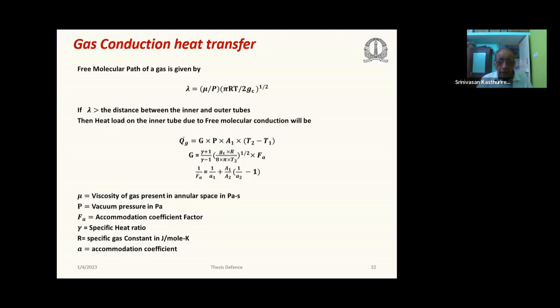Here again, the values of G and FA are given here, and G involves FA, which is given separately by this. So we can now calculate the gas conduction heat transfer in the system using this formula.